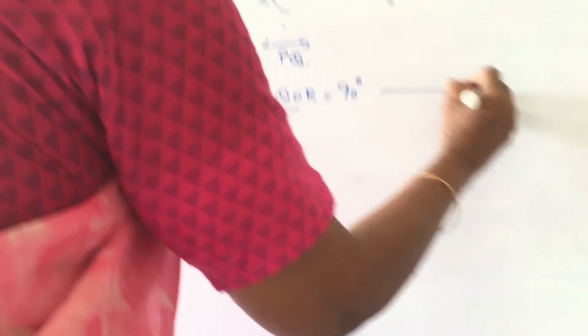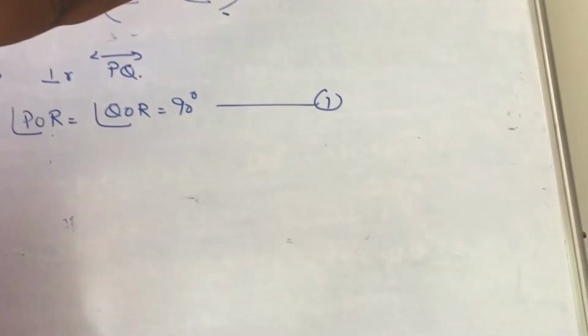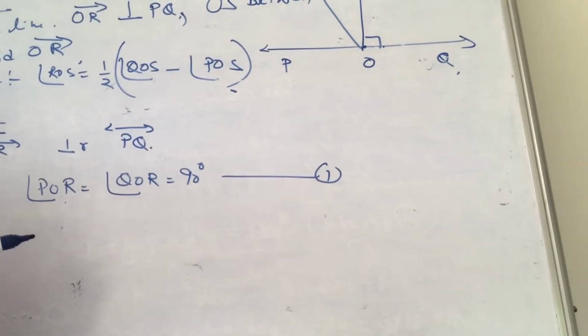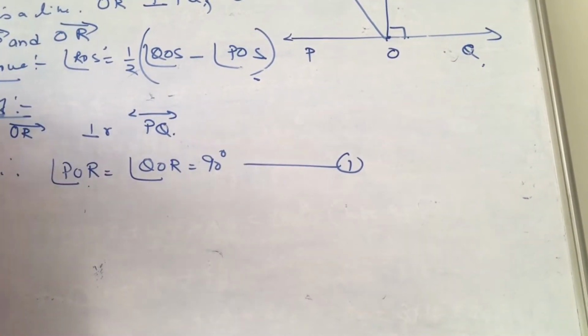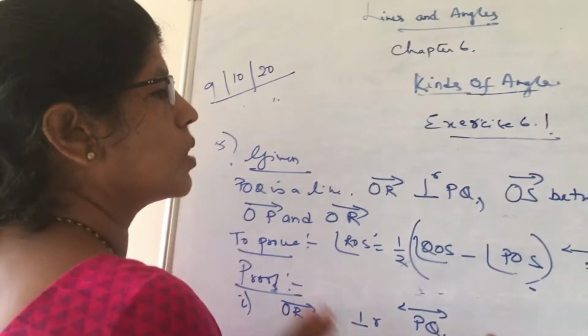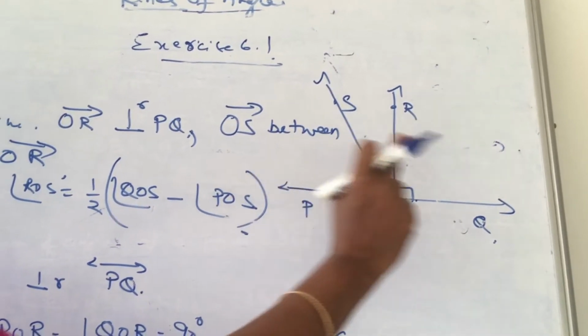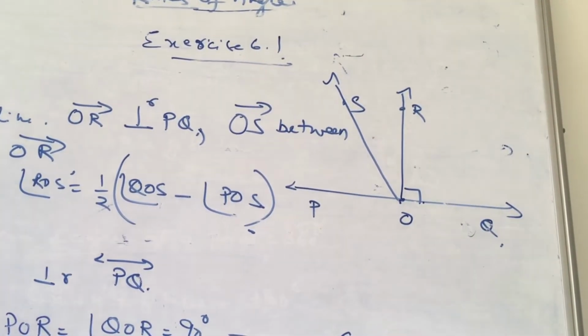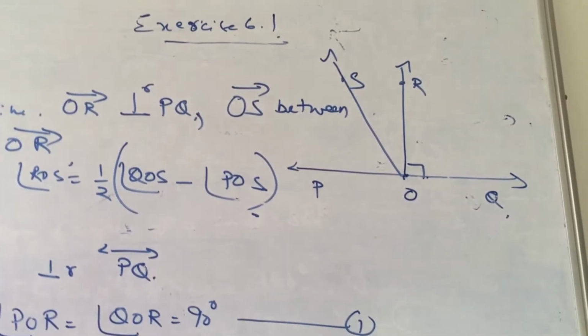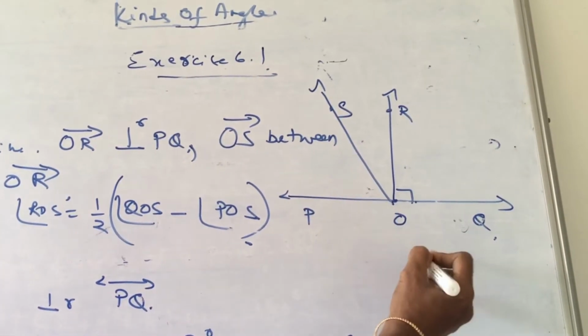Hope you have understood, children. When a ray is perpendicular, it makes 90 degrees on both sides. Angle POR is 90. Angle QOR is also 90. Are you able to follow?